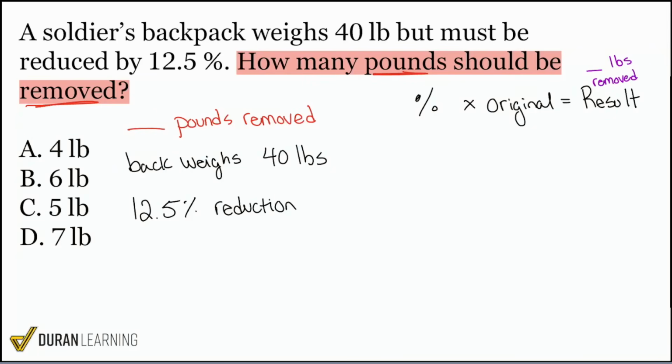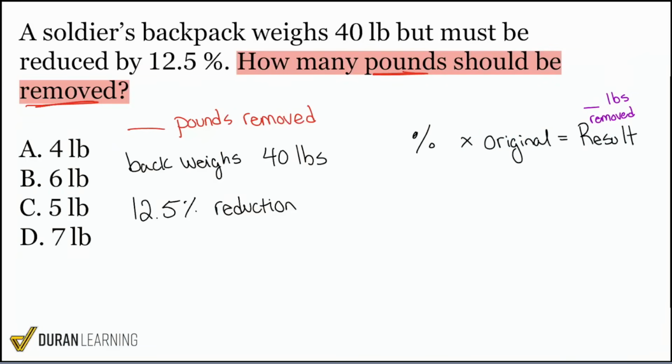Everybody, let's take a look at that percentage that we were given. Does that percentage represent removing? Yes, it does. Reduction, 12.5% reduction. So we're taking off 12.5%. So if I write that down here, it's a 12.5% being removed, which is going to give me the amount removed.